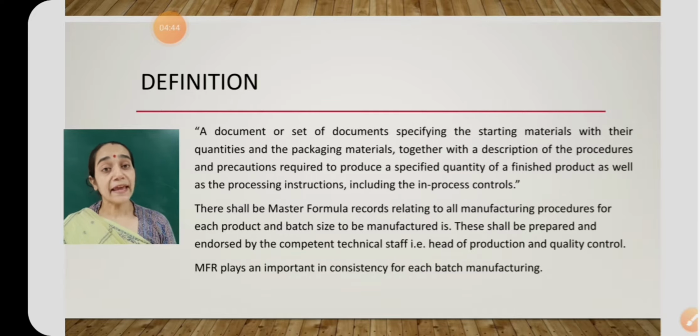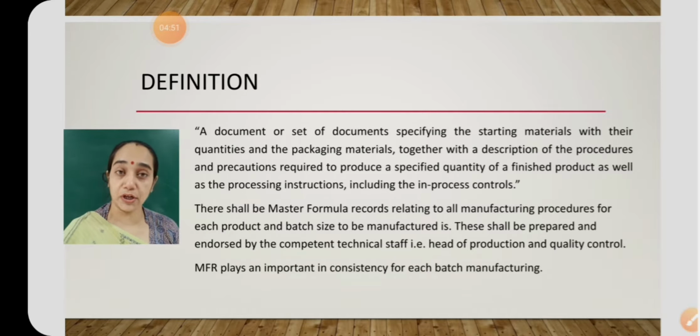For example, if I am going to make granules by the wet granulation method, what is going to happen? First step will be the purchase of the products, then I will do the quarantine of those products in a particular area, then these products will be analyzed for their quality, and then if I am going to start the manufacturing, I will do the weighing.